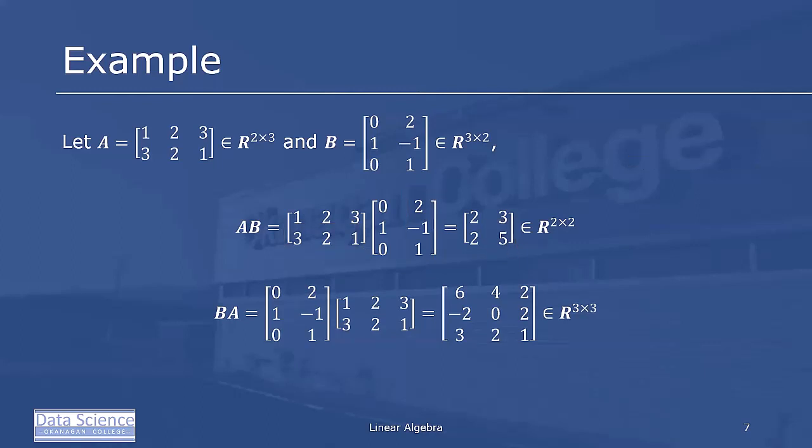Because A is 2 by 3 and B is 3 by 2, the neighboring 3's match, and so we're able to compute this product. The result is 2 by 2.